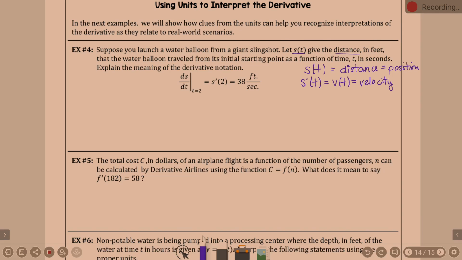What type of velocity? Officially, this is an instantaneous velocity. I don't know if you officially have to say instantaneous or not, but because it's the derivative at a point, it's instantaneous. So 2 seconds, it's moving at 38 feet per second. When t equals 2 seconds, the water balloon is moving at an instantaneous velocity of 38 feet per second.